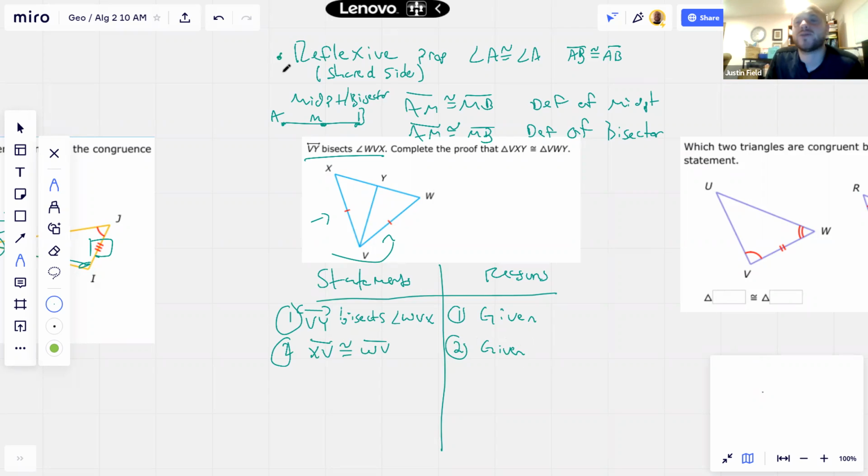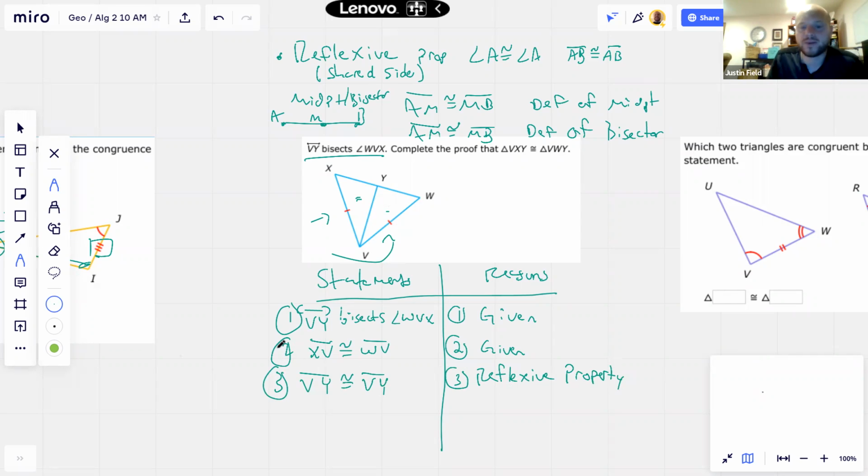Do we see a reflexive item, a side or an angle that is in both triangles? Hopefully you see that VY is a side in both triangles. So we can make the case that VY is congruent to itself, and the reason is the reflexive property that you just learned.